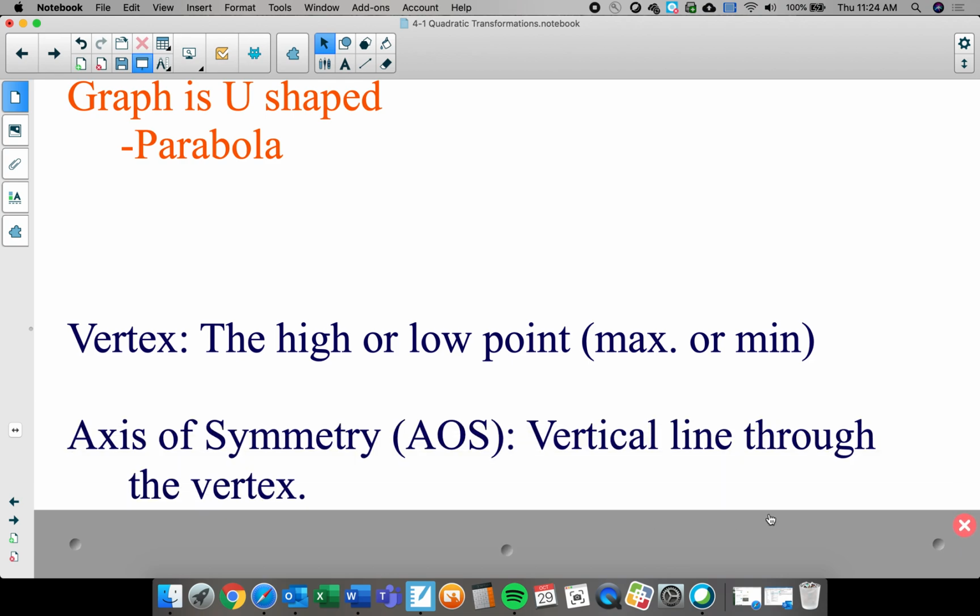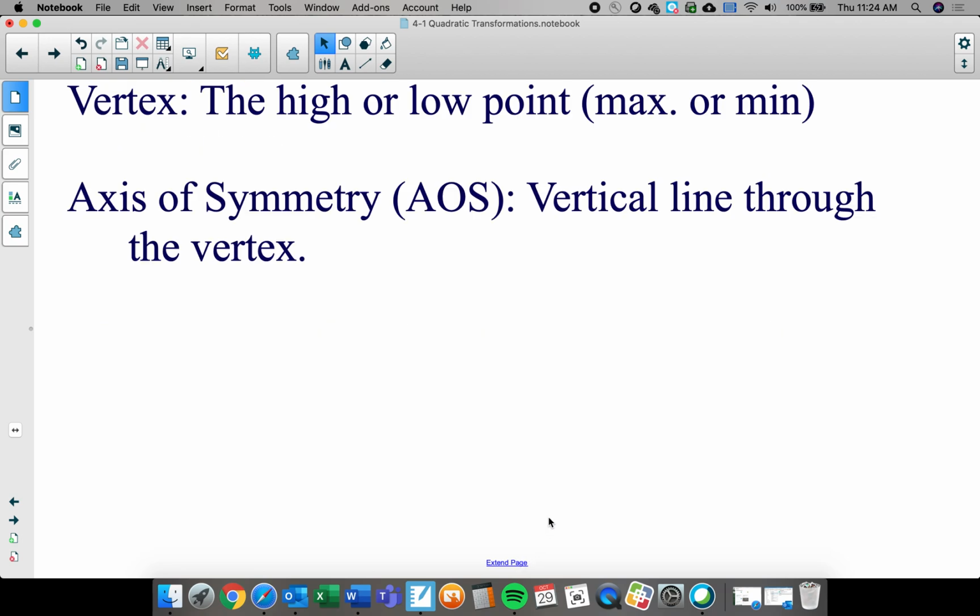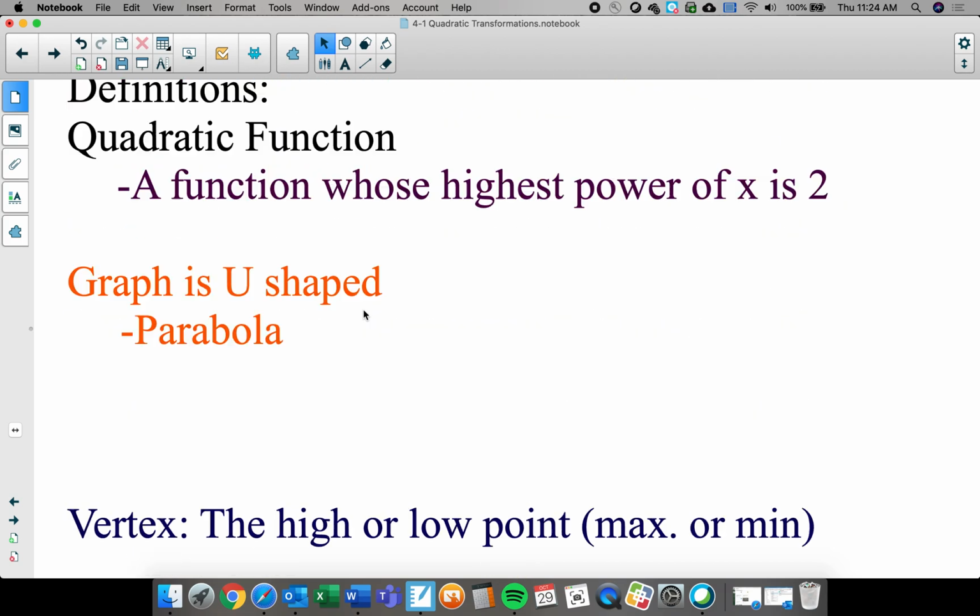There is an axis of symmetry, just like we talked about with absolute value functions, and that is a vertical line of symmetry that goes right through the vertex and cuts everything in half, right down the middle. So just a couple of definitions, relating things back to absolute value. Hopefully now it's starting to make sense why we did absolute value before this.